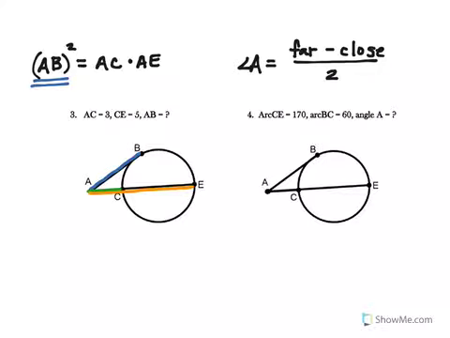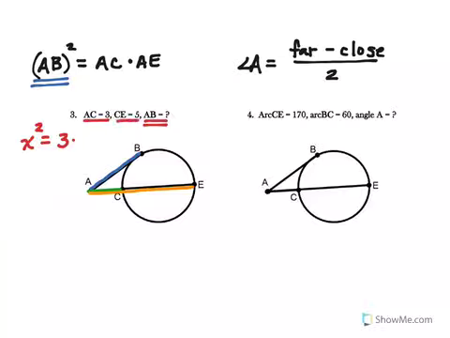So if we just plug these numbers into this formula, we see that we are solving for AB, so we don't know what AB is, so we'll say x for AB squared is equal to AC is 3 times CE.